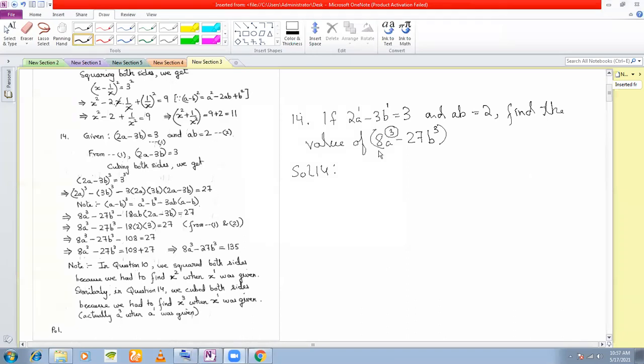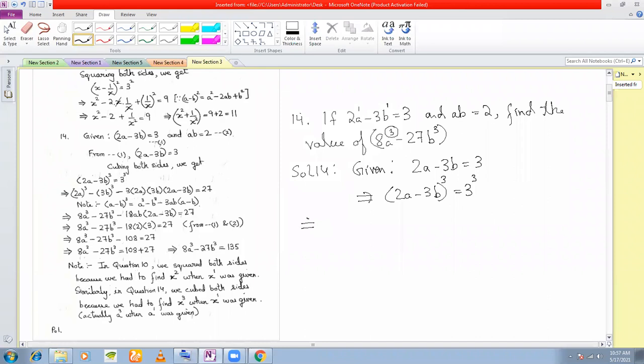So we'll cube both sides. We'll write what is given first, and then we are going to cube both sides. So given here is 2a minus 3b is equal to 3. In the next step, we are going to write 2a minus 3b whole cube is equal to 3 cube.